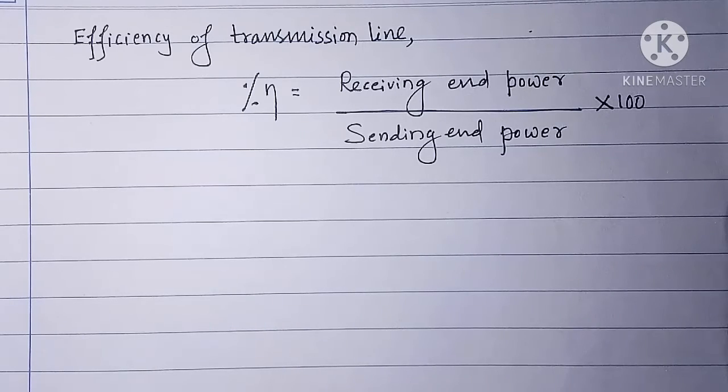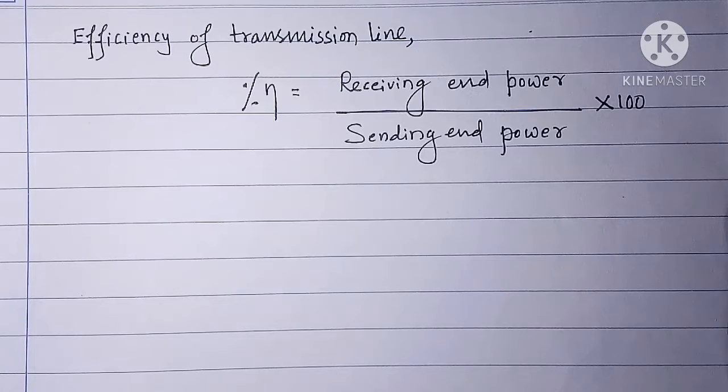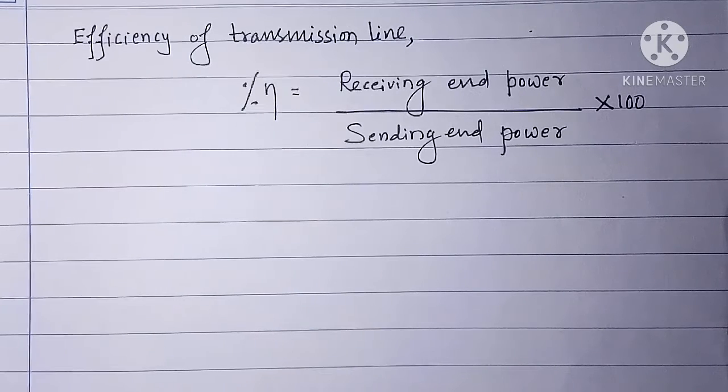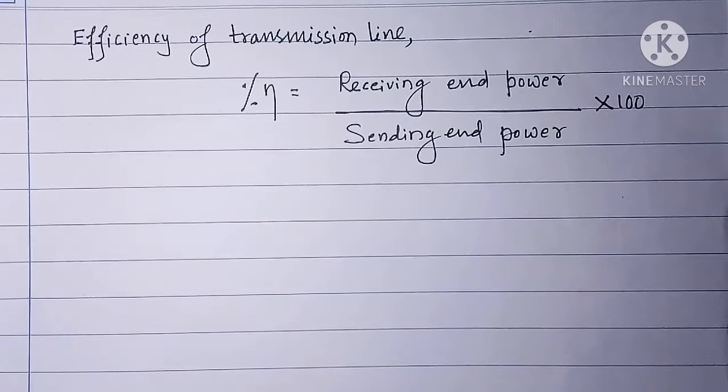Voltage when no load is connected will be more, and voltage when load is connected will be less, because some voltage drop takes place in transmission line when current flows through the transmission line.